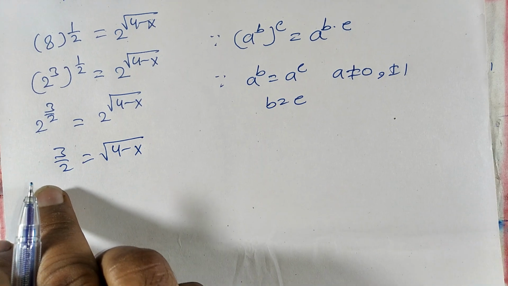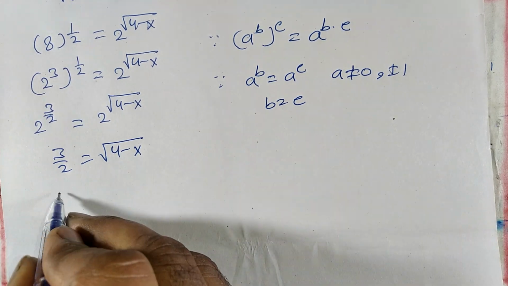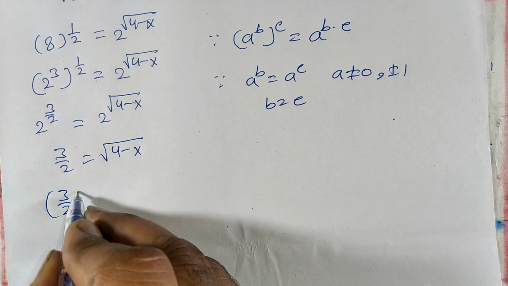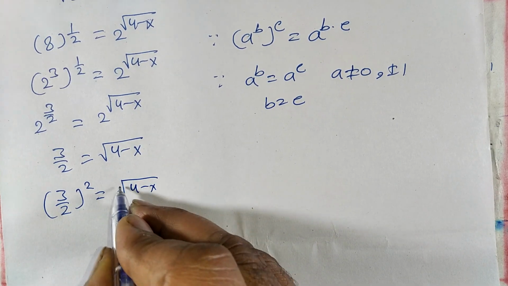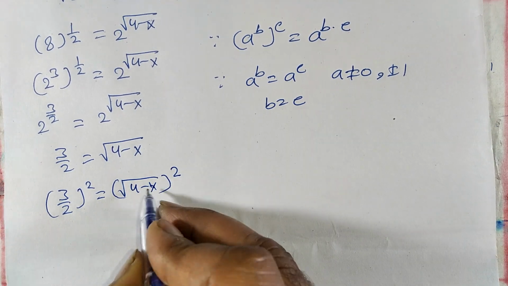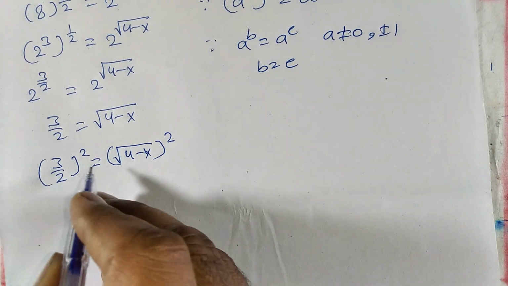Now squaring on both the sides, 3 by 2 whole square and square root of 4 minus x whole square.